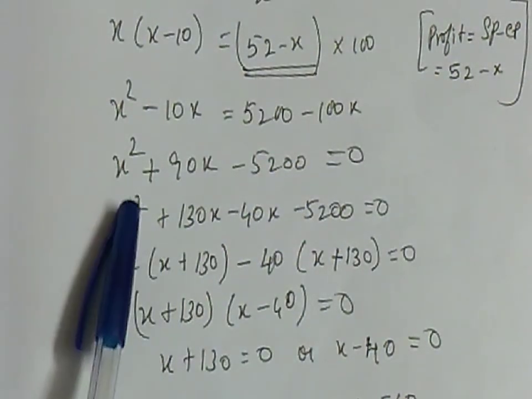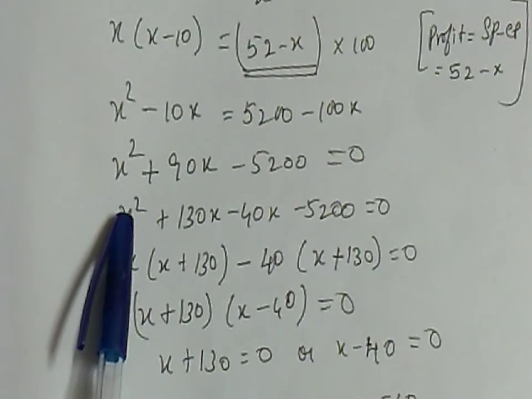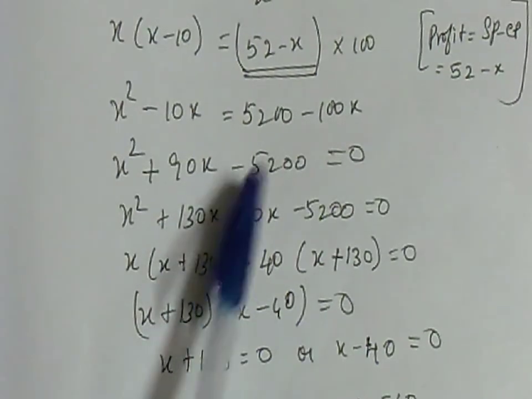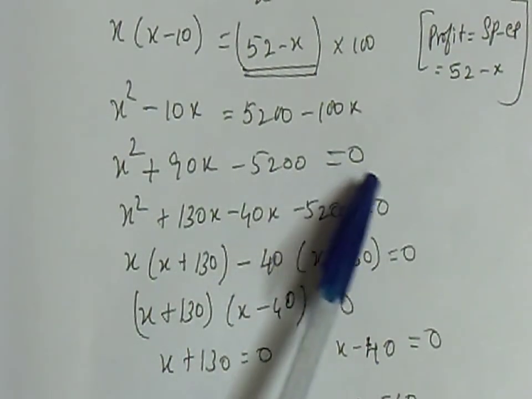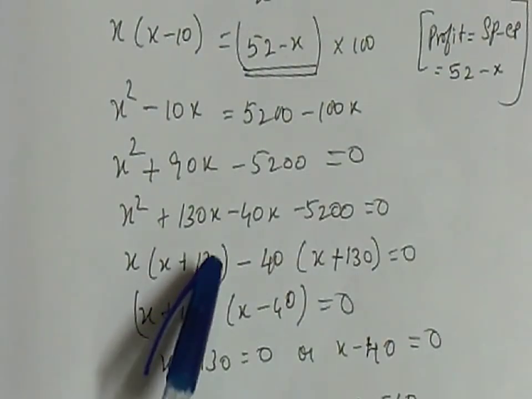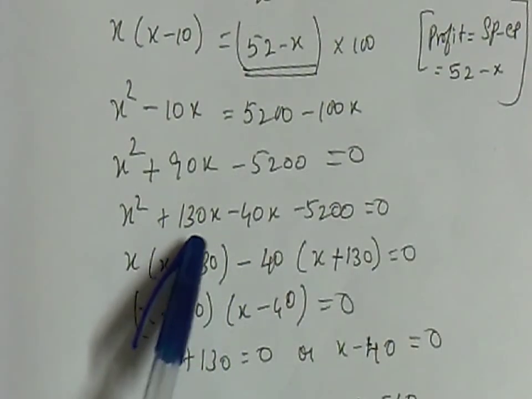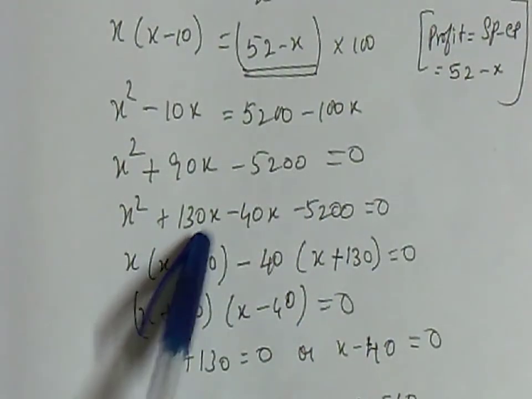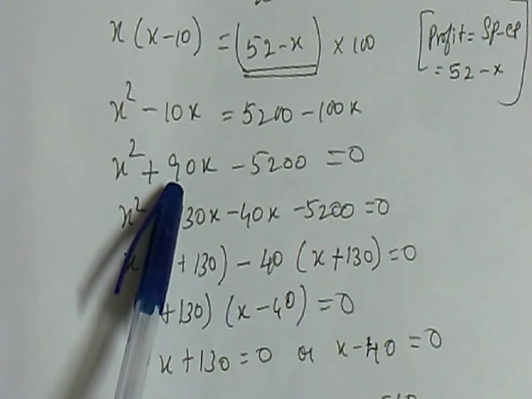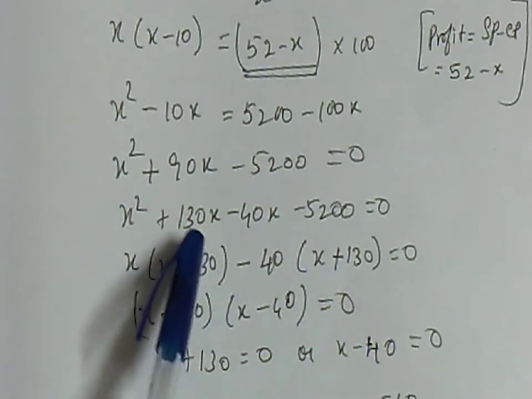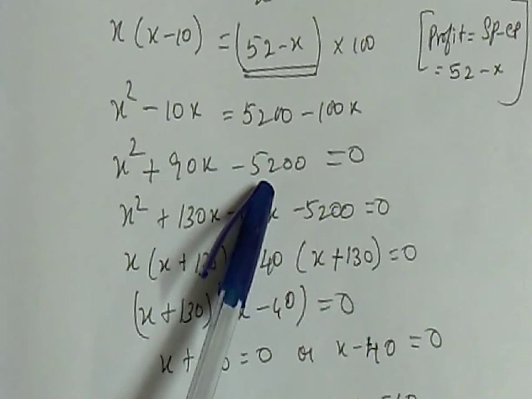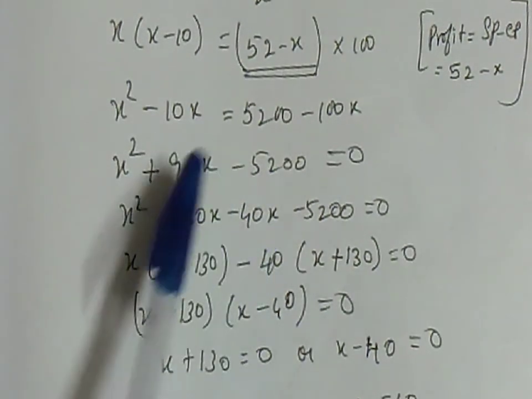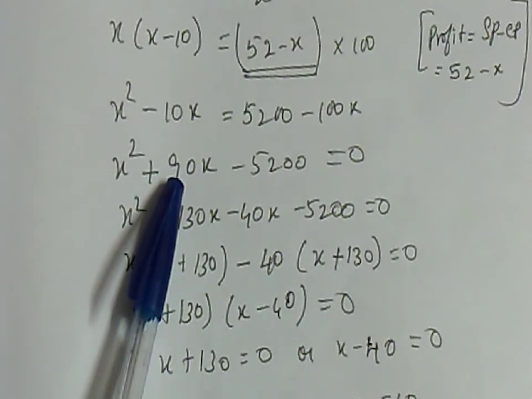Now you will get the quadratic equation, that is x squared plus 90x minus 5200 is equal to 0. Now we have to take 130 into 40, you will get 5200, and 130 minus 40, you will get 90.